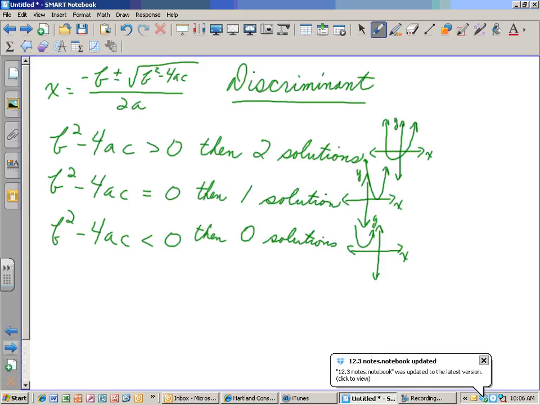It might be up in a quadrant. Okay? So really all we have to do is look at the discriminant for today's lesson. All right, so let's take a couple of examples here.